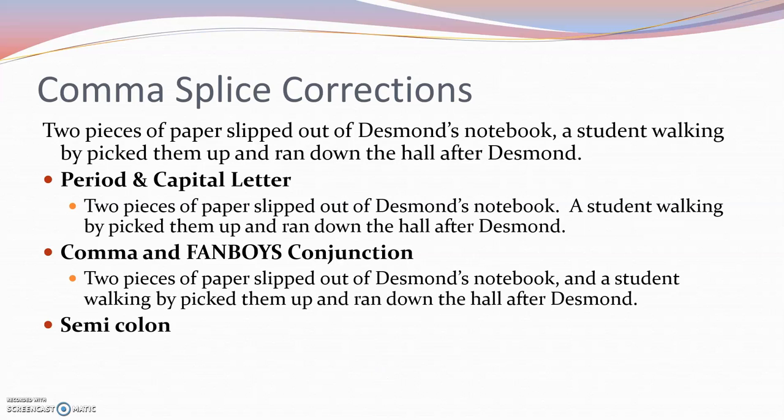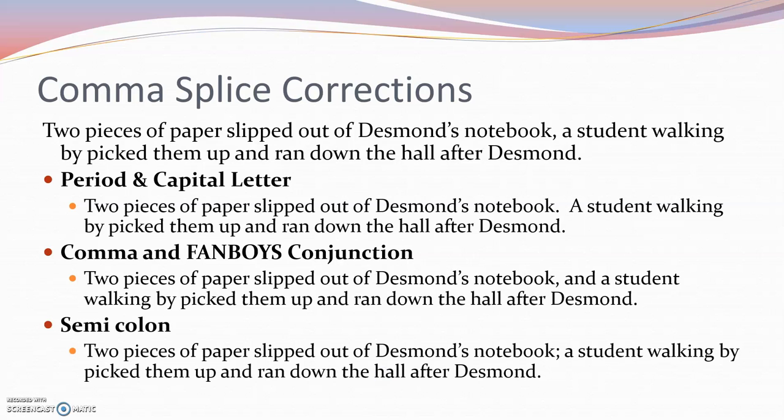Or, if you really want to connect the thoughts together, you can use a semicolon. The semicolon is reserved when you feel like the two of them have to be joined in some way, but you still want to show a distinct separation between the two thoughts. So, if you see a comma splice comment on your paper, you know you have to choose one of these three ways to correct it.